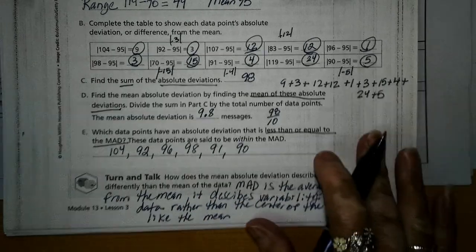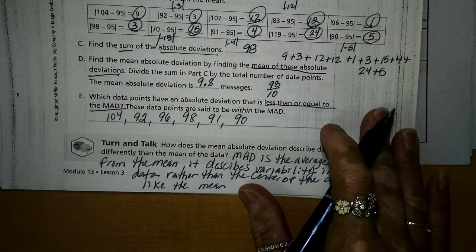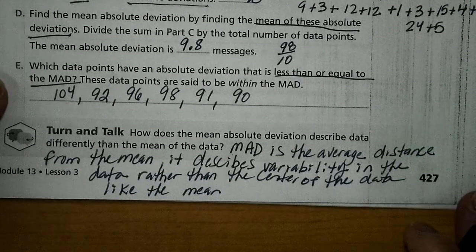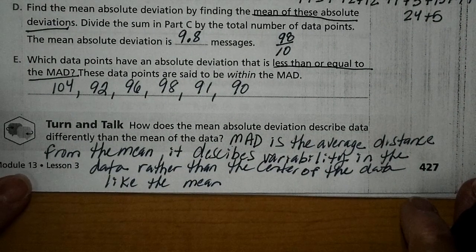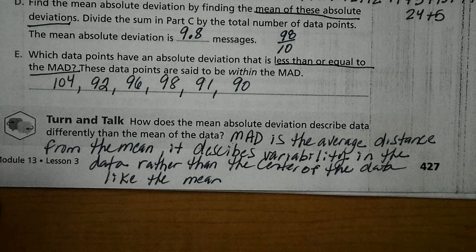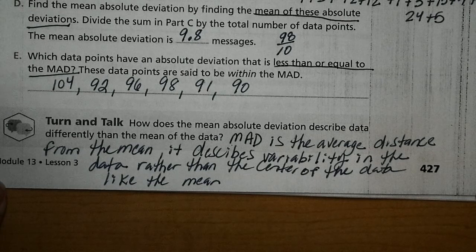Okay, so the mean kind of tells me what's in the center. The MAD is what is the distance from that center of each point. So that's what that tells me.